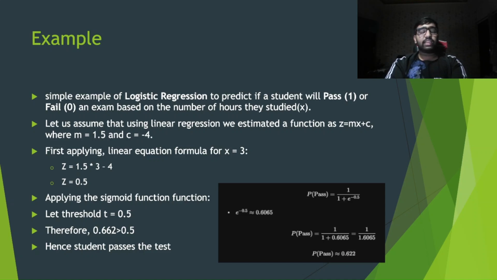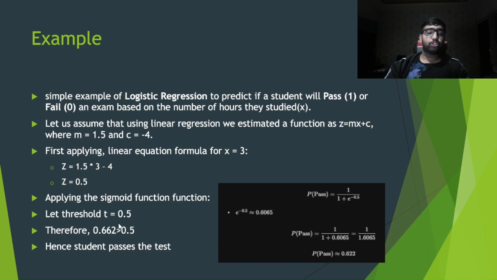First, applying the linear equation for x equals 3, we calculate the value of z for x equals 3. The value estimated using linear regression for x equals 3 is 0.5, as you can see here. Now we pass the value 0.5 to the sigmoid function, perform the calculation, and get the value 0.622.